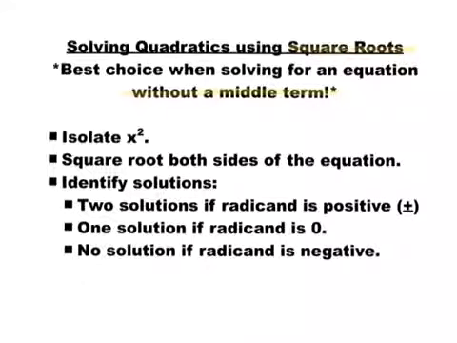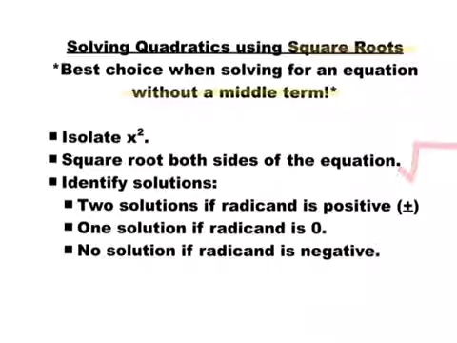Once we have x squared, in order to solve it, we can take the square root of both sides. Remember, a square root is your radical sign. And whatever you do to one side, you do to the other. Then by solving that square root, you can tell your answers. If the number under that radical, your radicand, is positive, you have two roots.